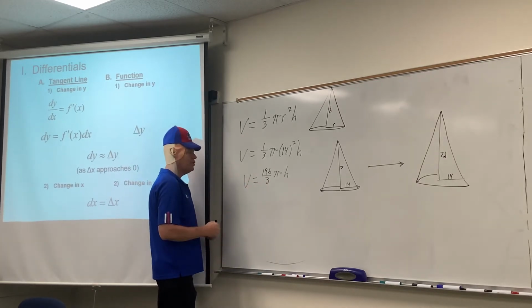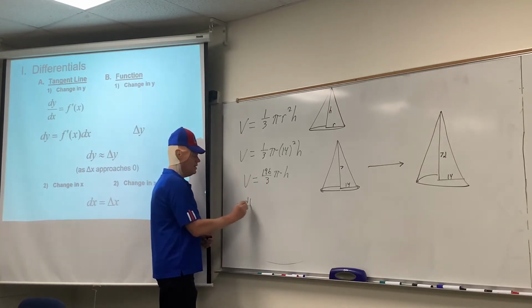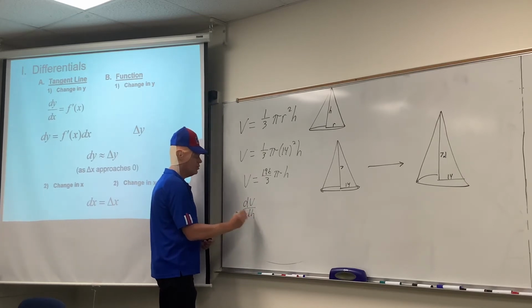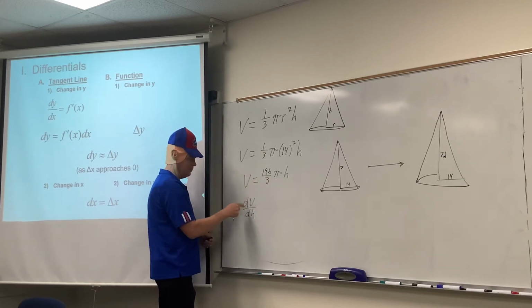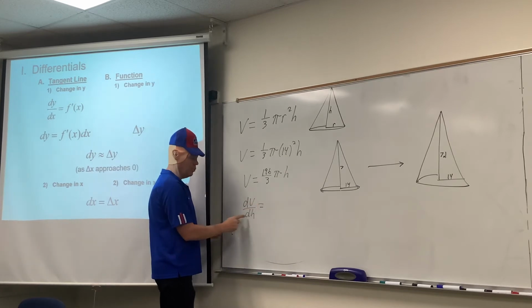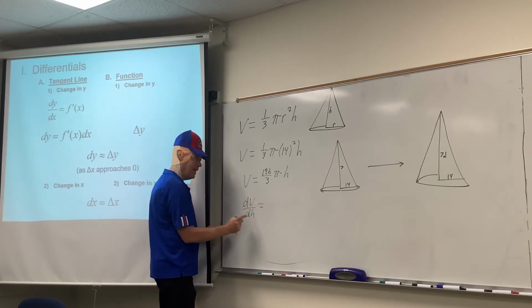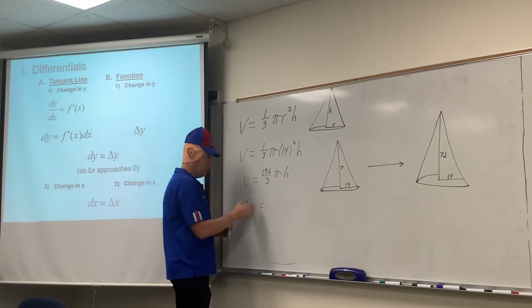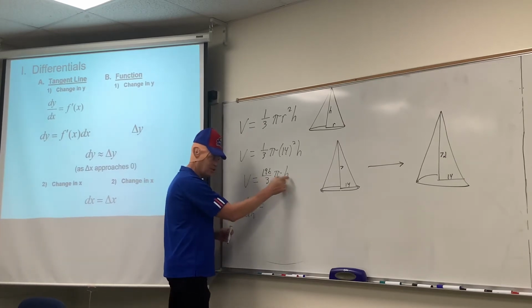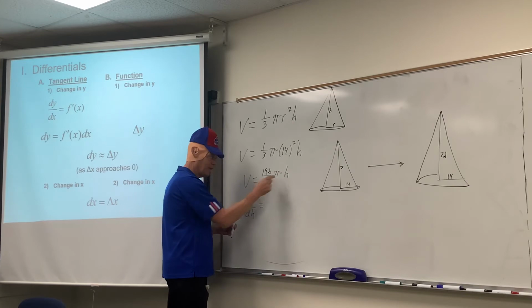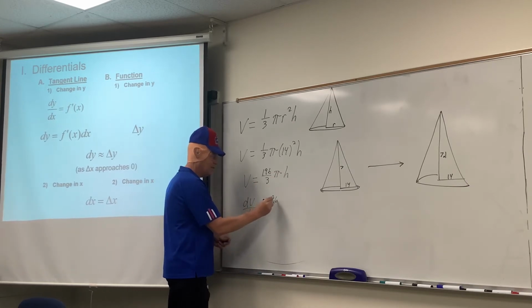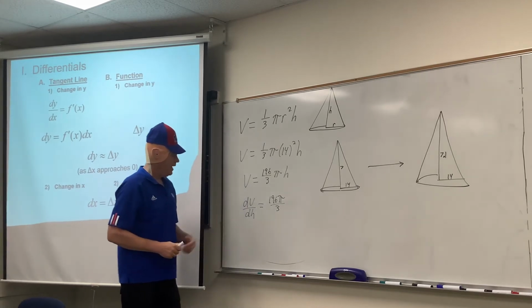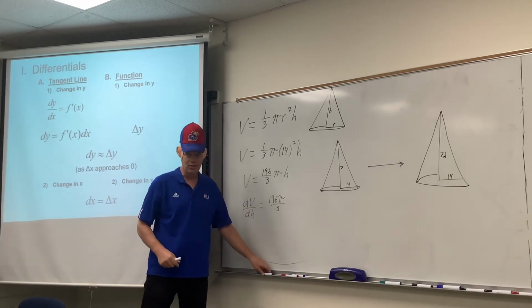So if we differentiate this, dV/dH, just like dy/dx, equals, so the point is we're differentiating with respect to h, and the derivative of this with respect to h, that's a constant times h. So wouldn't its derivative with respect to h be simply that constant? All right, and that would be the rate of change between these two variables.